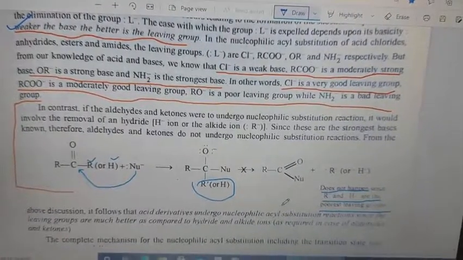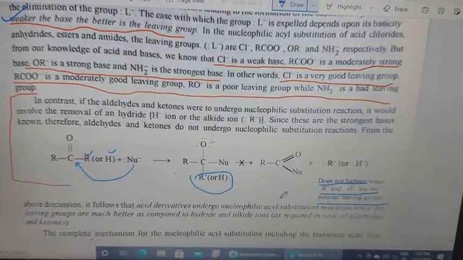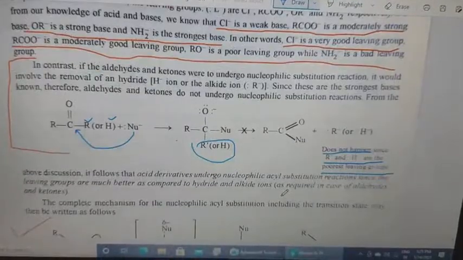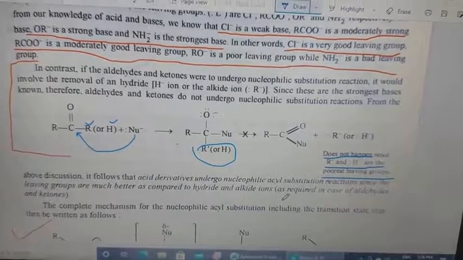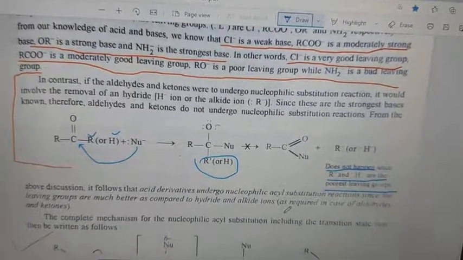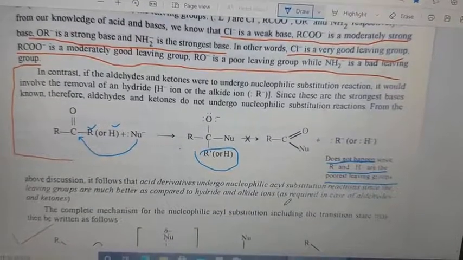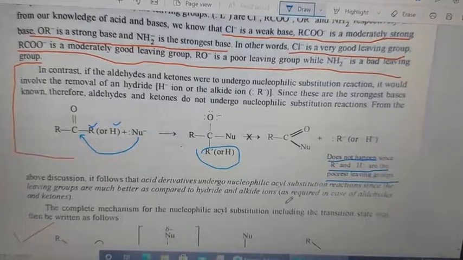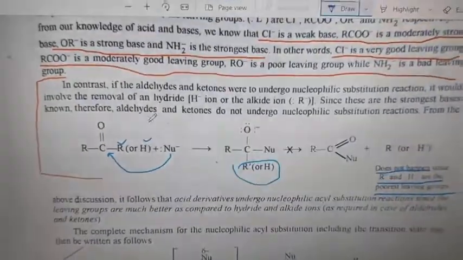And this is the difference of acid derivatives from aldehydes and ketones, because in the case of an aldehyde or ketone, it would involve removal of a hydride or alkyl ion, which is not easily possible. So aldehydes and ketones do not undergo nucleophilic substitution reactions.